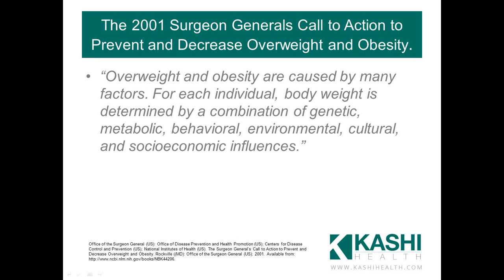In 2001, when faced with the rising rates of overweight and obesity, the Surgeon General put out a call to action to physicians to prevent and decrease overweight and obesity. In this guideline, he explicitly states, overweight and obesity are caused by many factors. For each individual, body weight is determined by a combination of genetic, metabolic, behavioral, environmental, cultural, and socioeconomic influences.